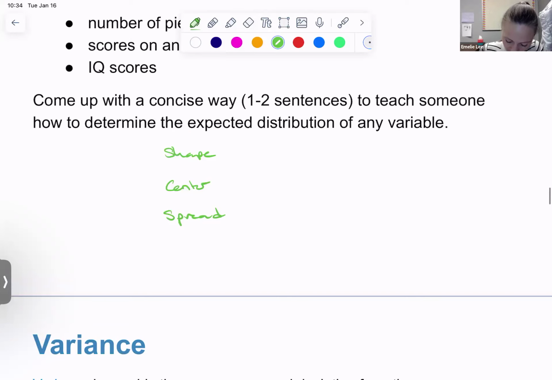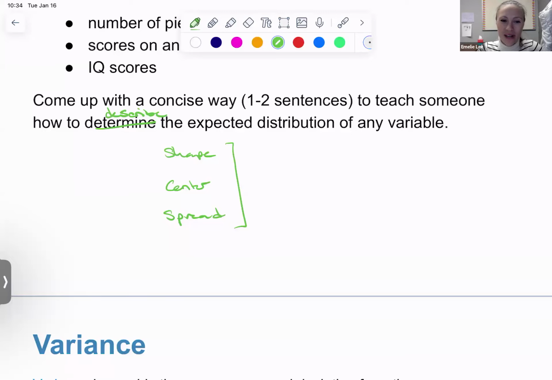And what you want to do to describe these distributions, right? I'm kind of changing the question a little bit. I'm talking about describing it, maybe not teaching them how to determine the expected distribution, but let's say describe, right? Because that's where I'm going to focus.